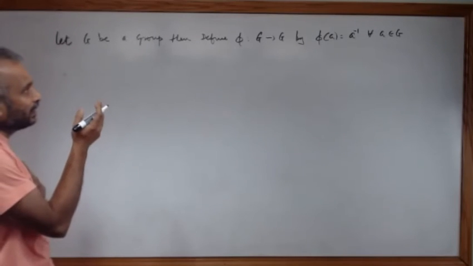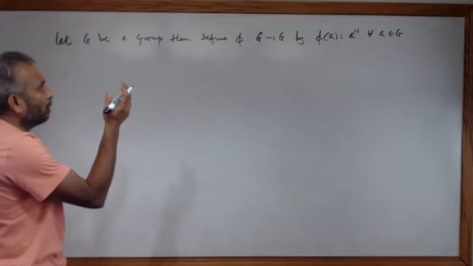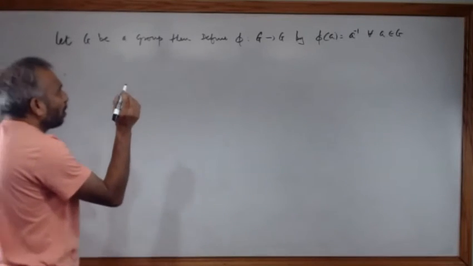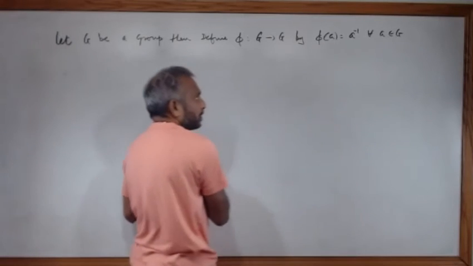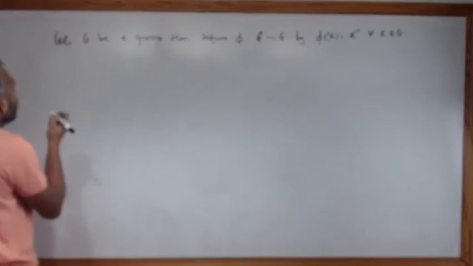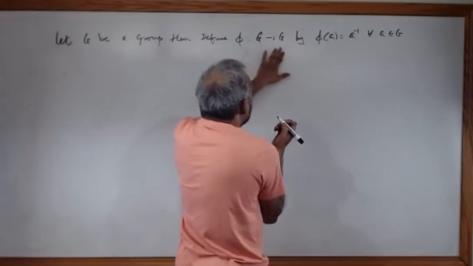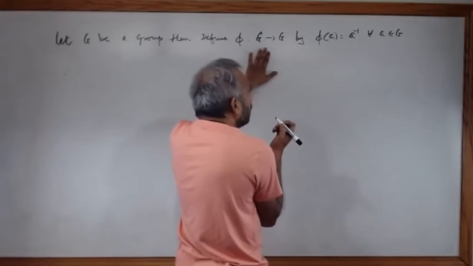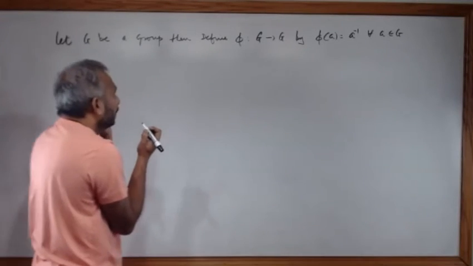We might think that this is a homomorphism. So our objective is to prove or disprove whether this is a homomorphism. Definitely this is a 1-1 and onto map. Well, then is it homomorphic? Let us see.